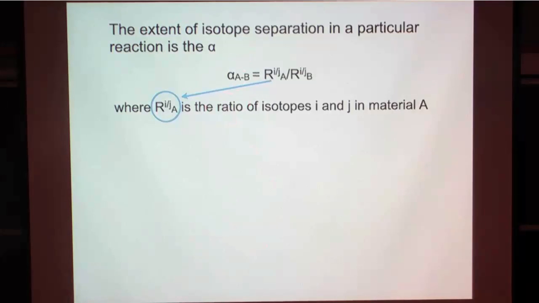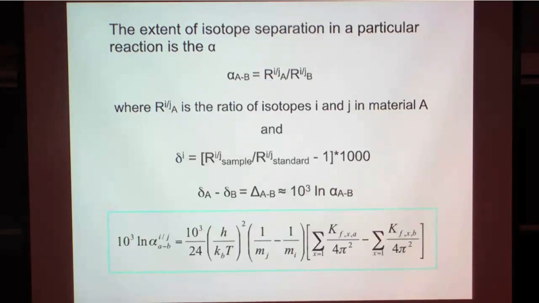So the alpha is the fractionation factor. It's the difference in the ratios of the isotopes for two different minerals or materials. And delta, which you'll see all the time, is the ratio of two isotopes in a sample over that in a standard, minus 1, times 1,000. We multiply by 1,000 because the numbers are really small, and we always ratio to a standard because, as I said, mass spectrometers will fractionate your sample just by themselves.